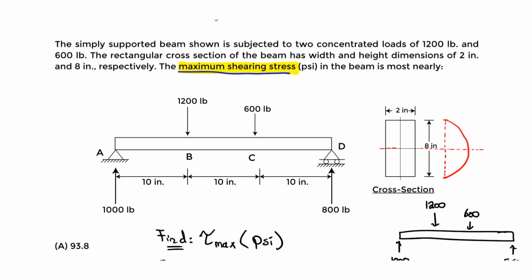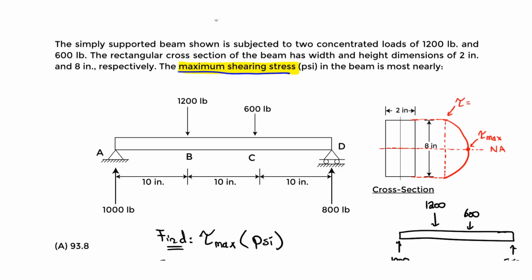This whole thing is the neutral axis, NA. What's interesting is the maximum shear stress, tau max, which is what we want to find, occurs at the neutral axis. At the very top and the very bottom, at the edges, it's 0.